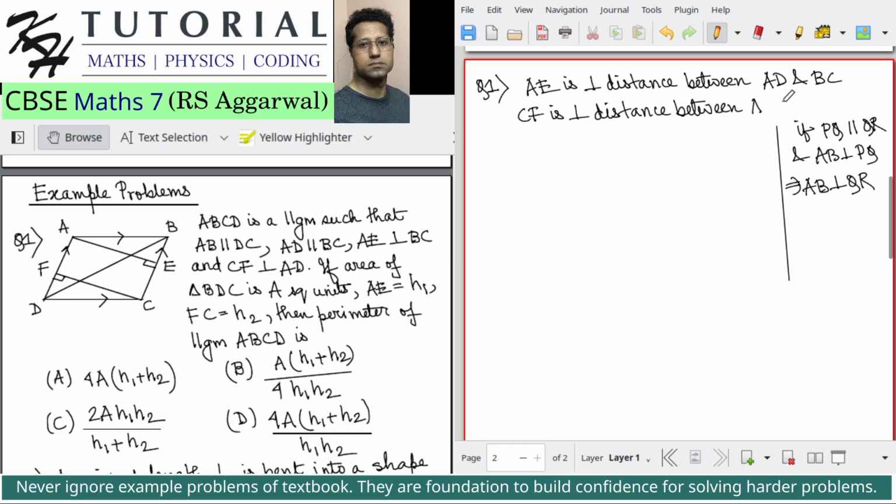Okay. If the area of triangle BDC is A square units, AE is equal to h1 and FC is equal to h2.